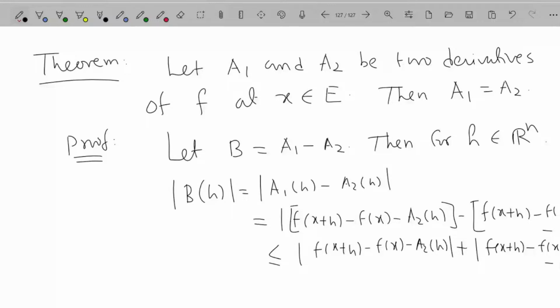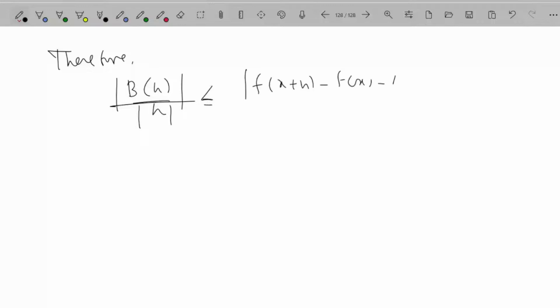Therefore, if we consider B(h) by mod h, this is less than or equal to mod of f(x+h) - f(x) - A2h divided by mod h plus mod of f(x+h) - f(x) - A1h divided by mod h.